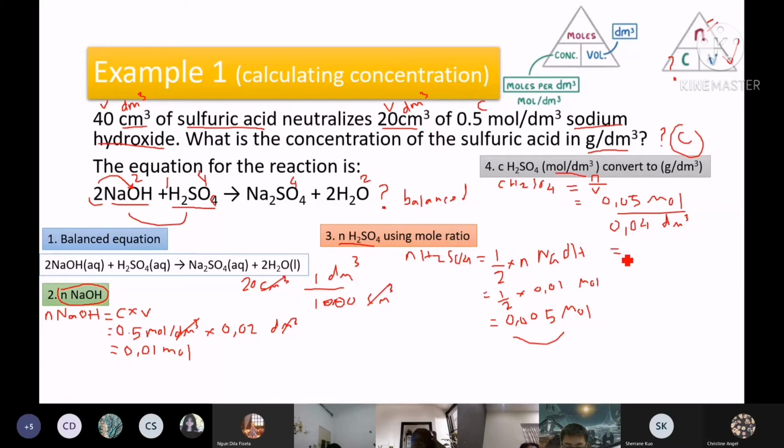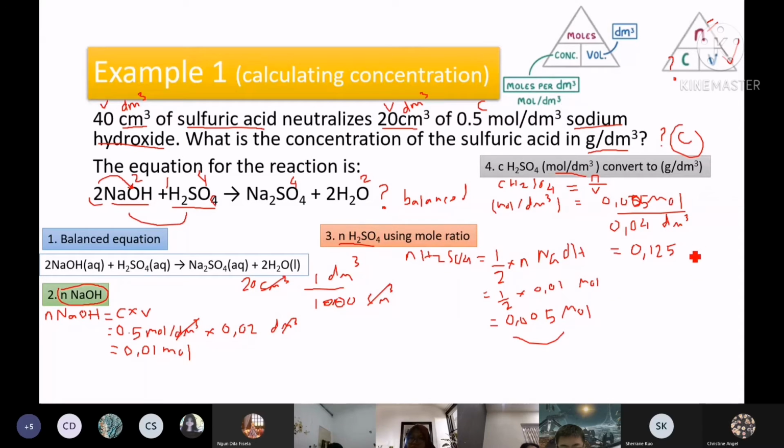So what is the concentration of sulfuric acid in mole over dm cube? 0.005 over 0.04 is 0.125.